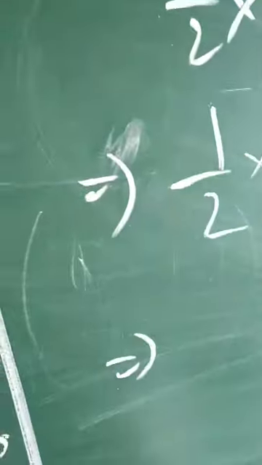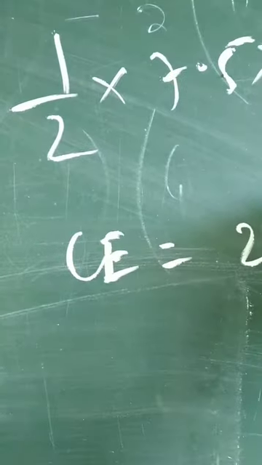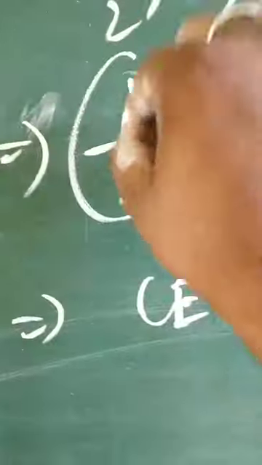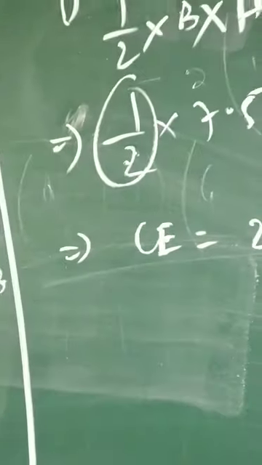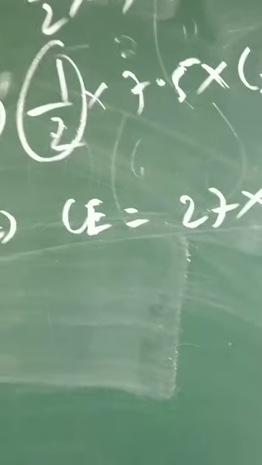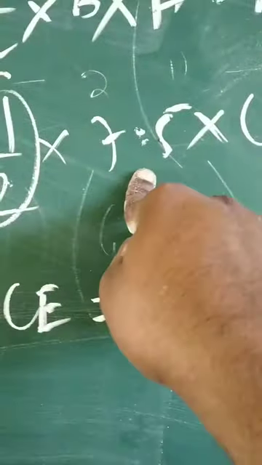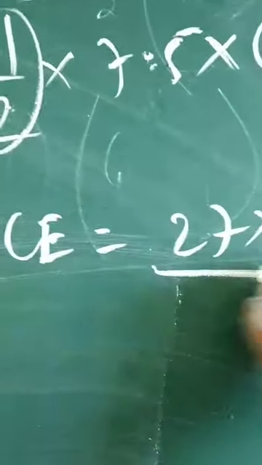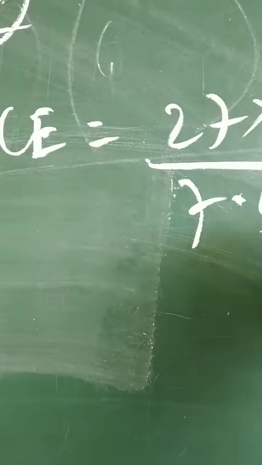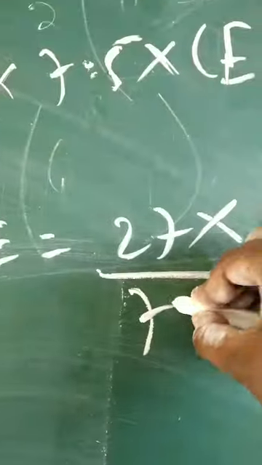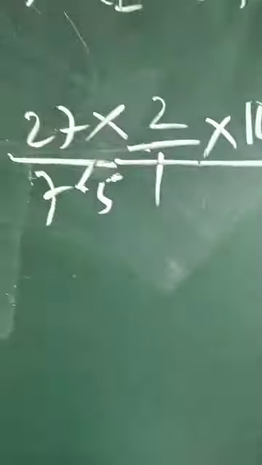Now CE is equal to 27. 1 by 2 will reciprocate, it will be transposed to this side, and that's going to reciprocate over here. It will be 2 by 1. 7.5 was in the place of numerator, that's going to be in the place of denominator on the right hand side. And I'm going to remove this point. I'm supposed to get 10 upside.